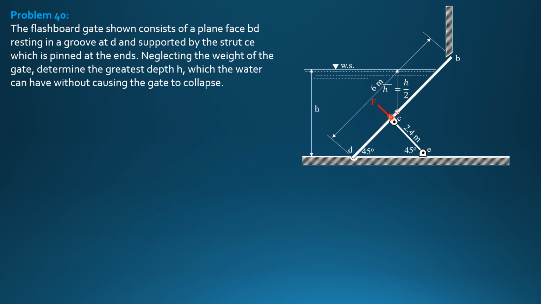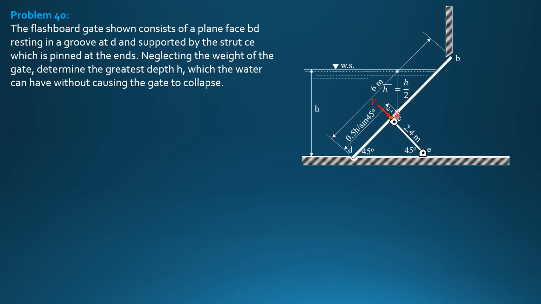If the force acts above that strut at C, then the gate will start to collapse. So e sub v, the distance from centroid to D is h over 2 over sine of 45, or 0.5 h divided by sine of 45 degrees. And therefore, e sub v, because this is an isosceles triangle with 90 degrees at C, this is also 2.4.